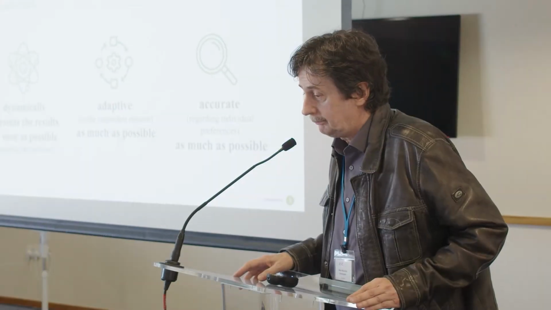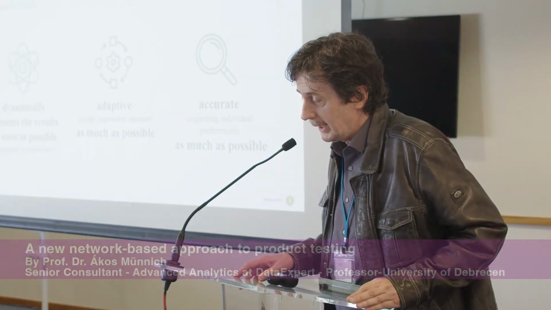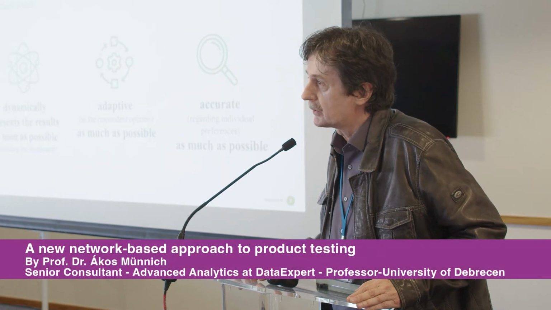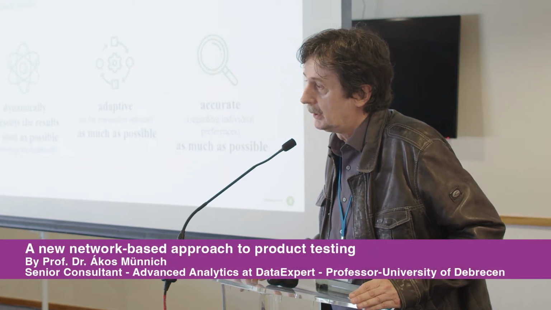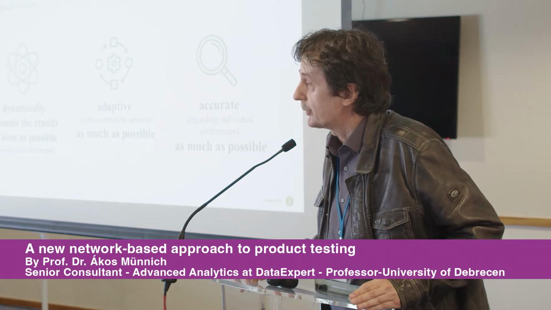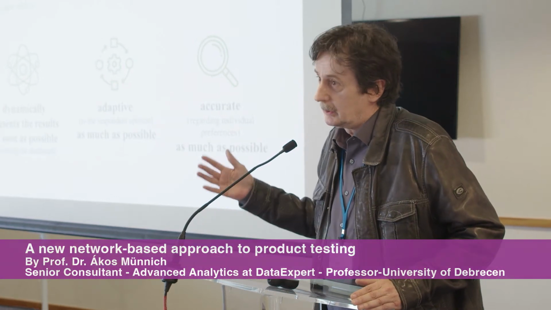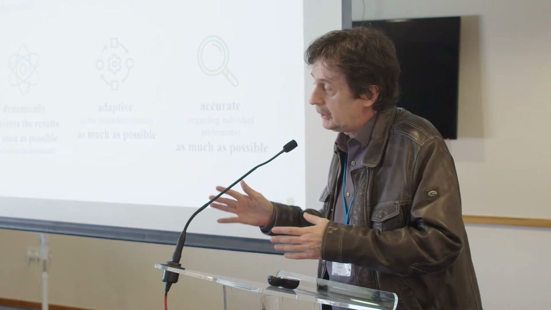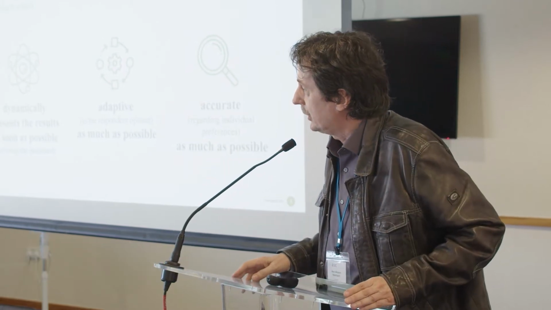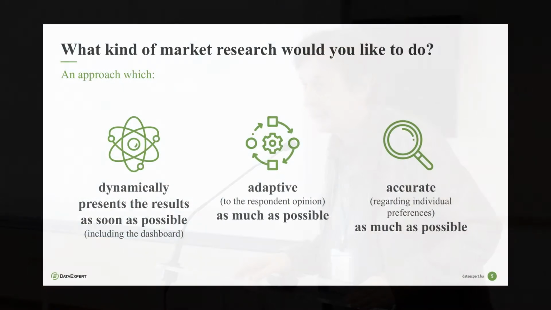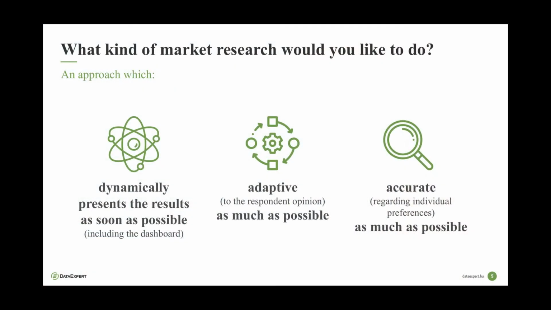Then, of course, estimating someone's preference probabilities in real time is not easy. And based on that, continuing your interview in an adaptive way is still not solved until today.